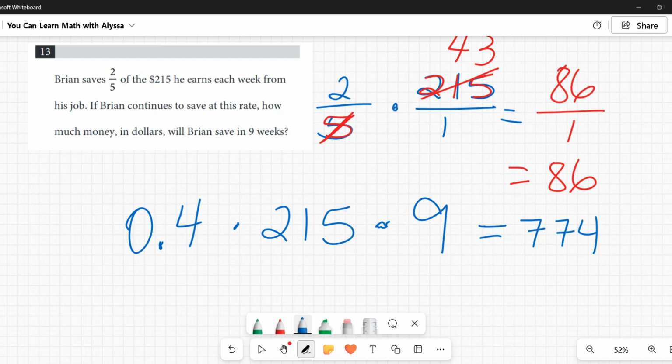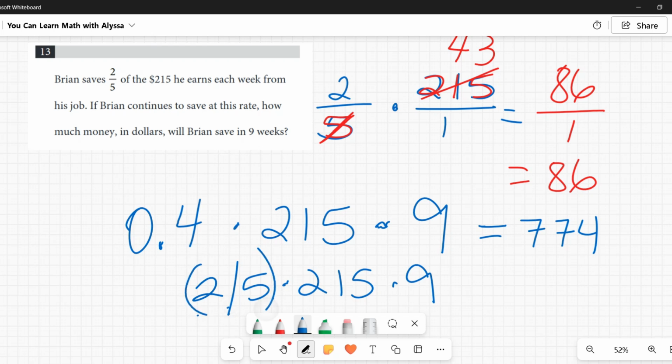One thing to be mindful of, if you're putting 2/5 in your calculator, like if you put 2 divided by 5 times 215 times 9, make sure your calculator is recognizing this in the right way. So it's 2 divided by 5 first, then times 215 times 9, and not 2 divided by the product of 5 times 215 times 9.